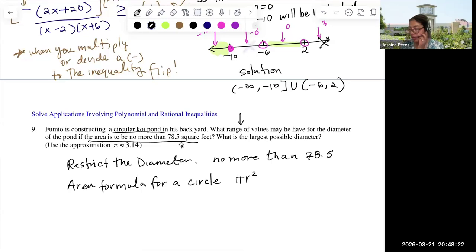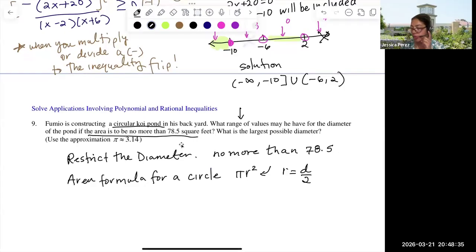But right now we are focused on the diameter, so r is d over 2 because the radius is half of the diameter, and we want everything in terms of the diameter. So if we substitute it, we have pi times (d over 2) squared should be less than or equal to 78.5.